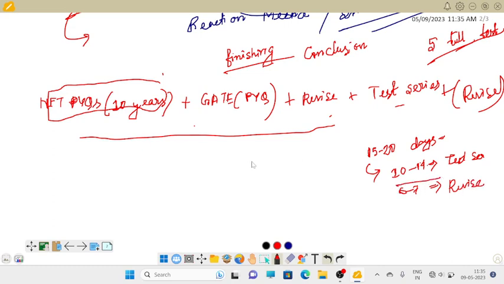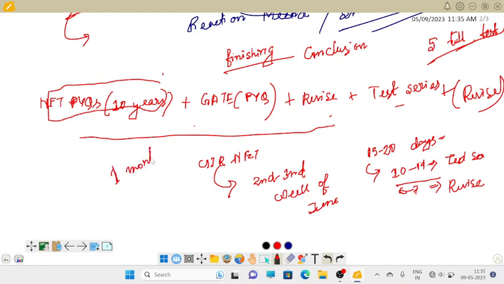Okay, and you have enough time. CSIR-NET, they haven't announced, but maybe it will be in the second or third week of June. So you still have 1 month left.